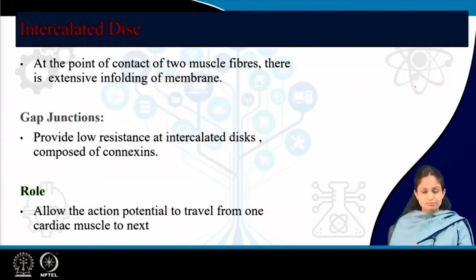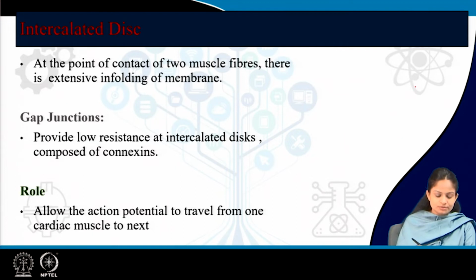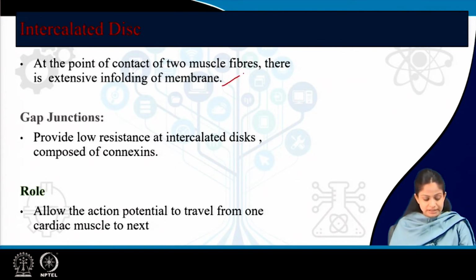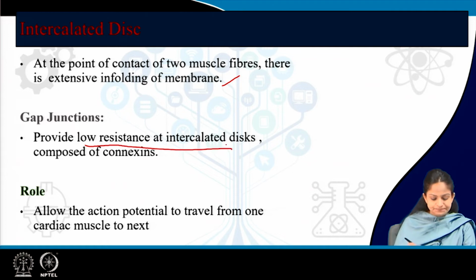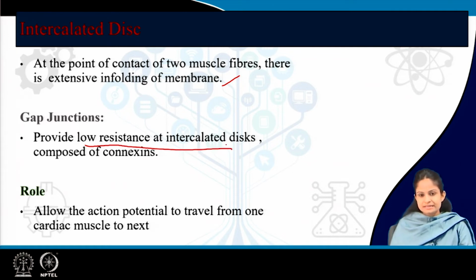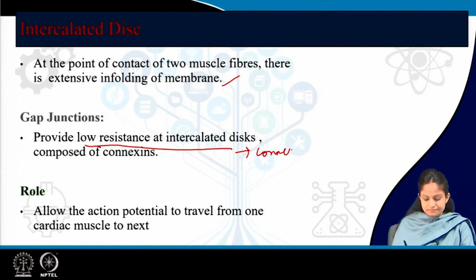Now, at this point, the intercalated disc, as I told you, is an extensive enfolding of the membrane. The gap junctions which provide the electrical syncytium in the intercalated disc provide low resistance at the intercalated disc. The gap junctions are channel proteins made up of connexin.